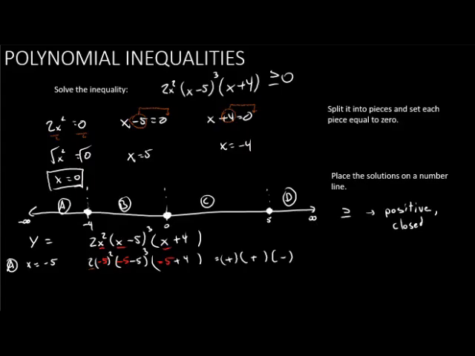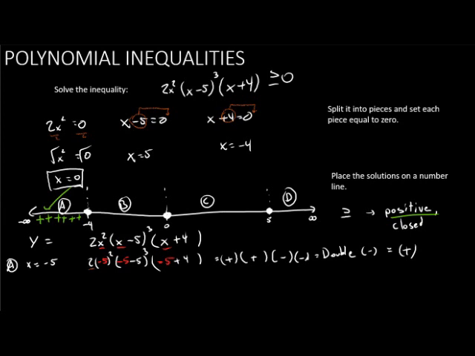Then negative 5 plus 4 will give us negative 1, a negative number. We see here that we have a double negative in our answer, and a double negative will return a positive as the final answer. This means that region A is positive. Since we are looking for positive answers, region A will be part of our final solution.